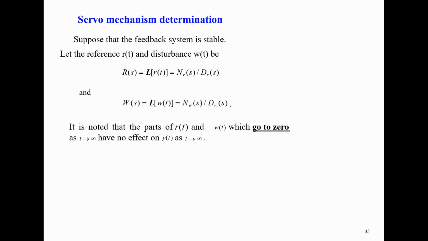So the only interesting or difficult part is when we have some unstable factor in the reference input. For example, if your reference input is a step, we know it is unstable. It has a constant 1. Or we know, okay, it probably is 1 over s. Then we know, of course, it is unstable. There is an unstable factor of s. Or if it's a sinusoid, we know, okay, there are some unstable factors. So we are only interested in those unstable factors, right?